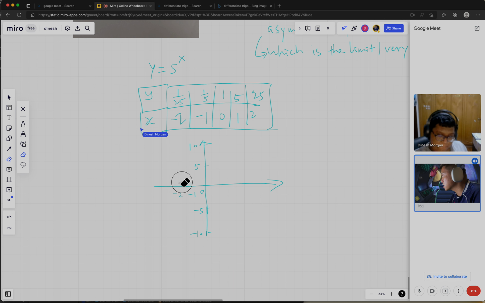The asymptote is the x-axis, I guess. Right? Yeah. 25 is somewhere here. So this is the x-axis.